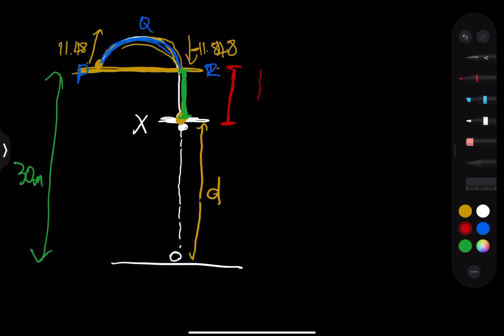It would be 30 meters minus that point D there. So this will be 30 minus D. So it will be displaced 30 minus D. I hope, ladies and gents, that makes sense.